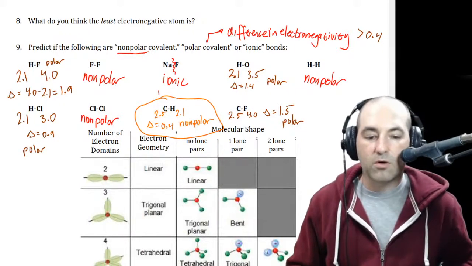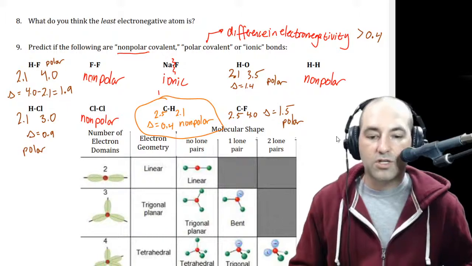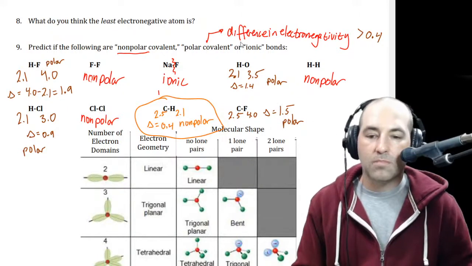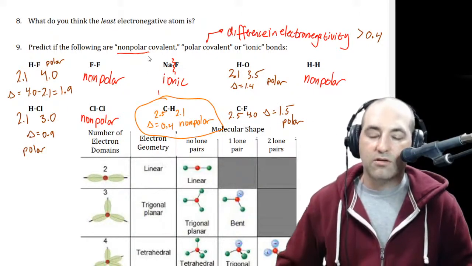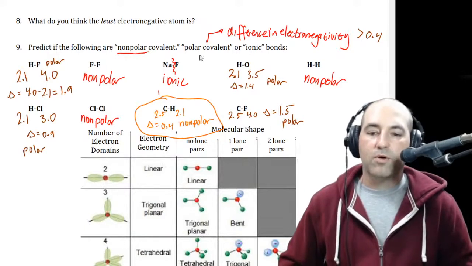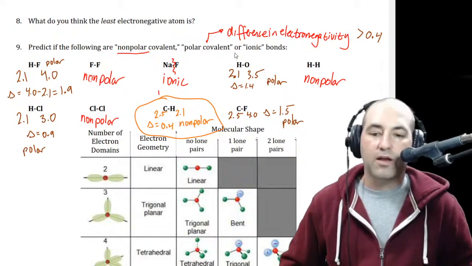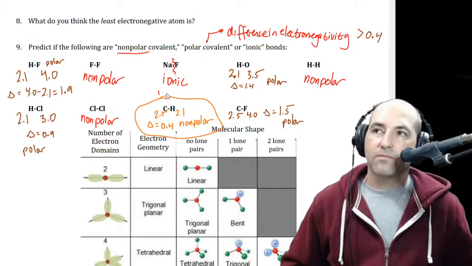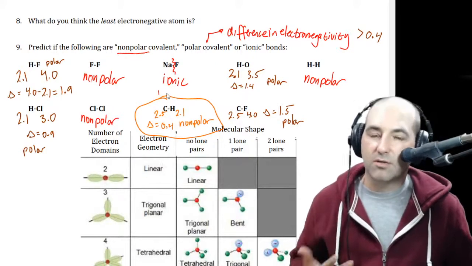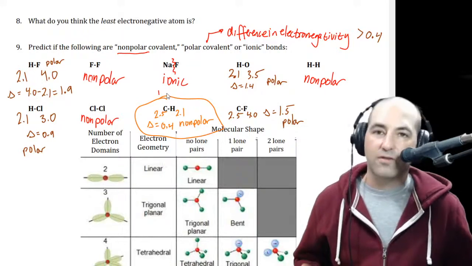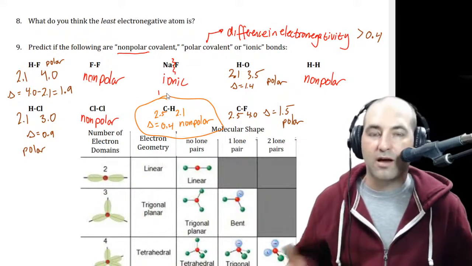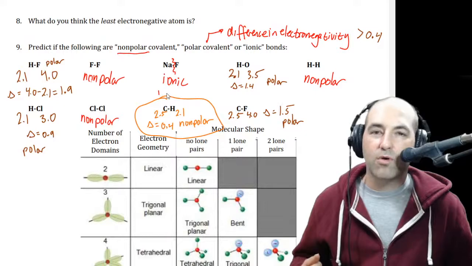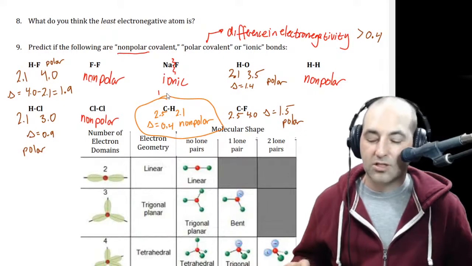So question, do we use polar covalent, ionic, or just polar? Yeah, it's generally written as nonpolar covalent, polar covalent, or ionic. But because polar and nonpolar, we will only see them as associated with covalent bonds, they're kind of interchangeable. Polar and nonpolar in general are more like general adjectives.